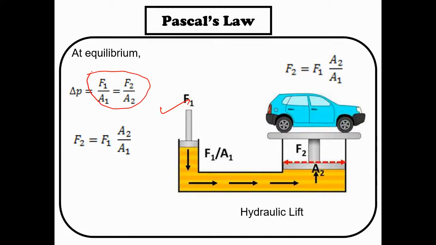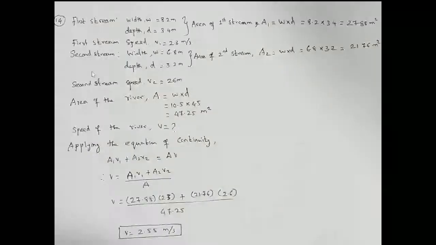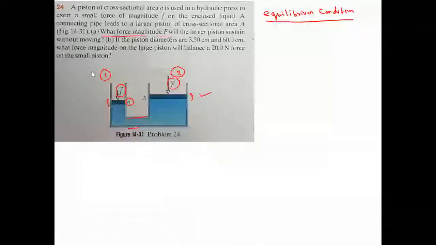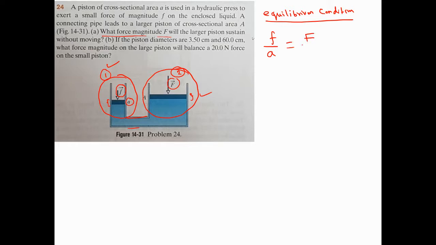So I'm going to use this equilibrium condition for this picture. My dear, listen carefully. In this place, what is my pressure? On the left-hand side, section 1, my pressure is small f over small a. On the right-hand side, my pressure is capital F over capital A. This is the condition for equilibrium.